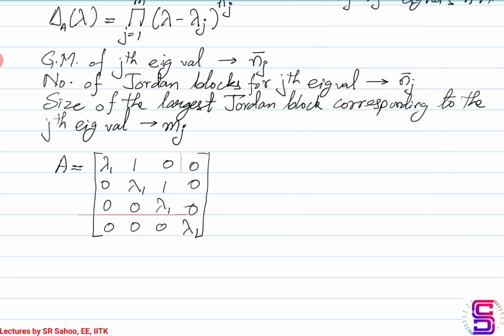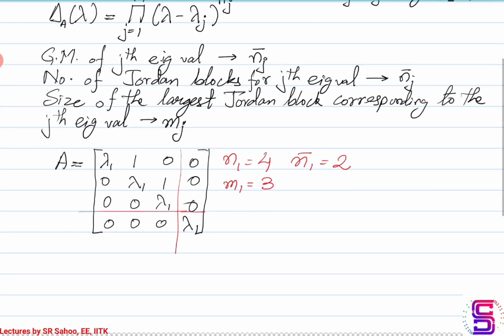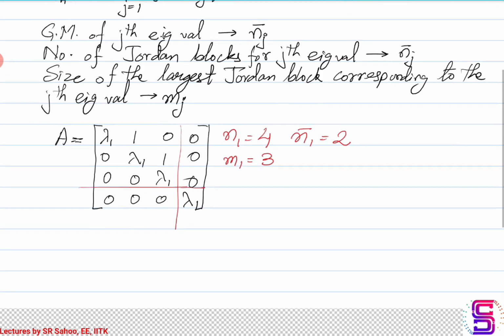Here, if you see, there are two blocks corresponding to the eigenvalue lambda. So n1 is 4, the algebraic multiplicity. n1 bar is 2, because there are two Jordan blocks. And m1: one block has a size of 3 cross 3 and another has a size of 1 cross 1, so m1 in this case would be 3.